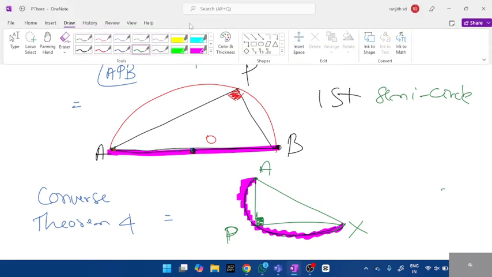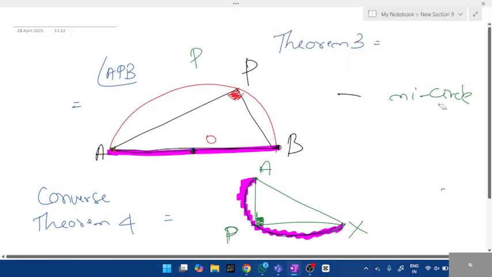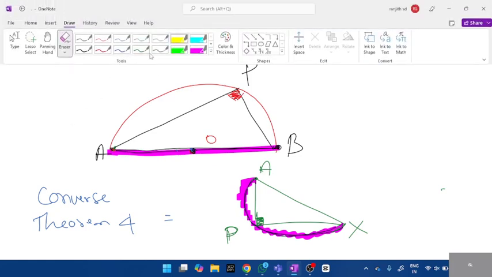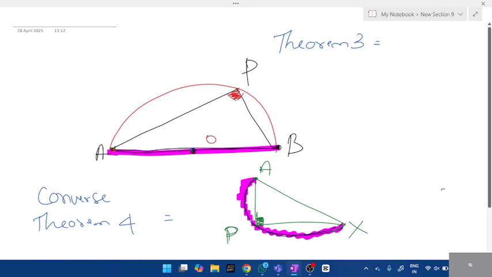Okay, in the first triangle, in theorem 3, there is a triangle, right? Here, APB. In APB, what is AB, students? According to the circle, what do you call the line AB?